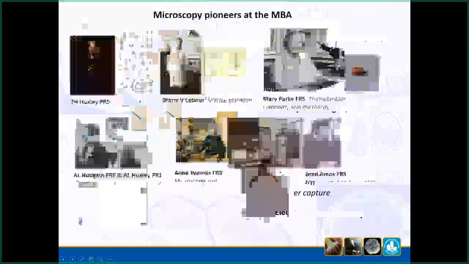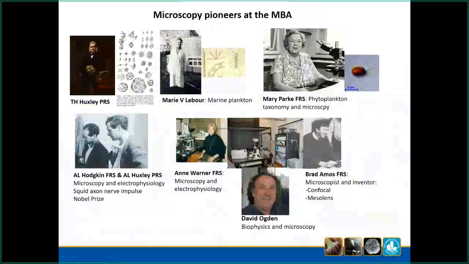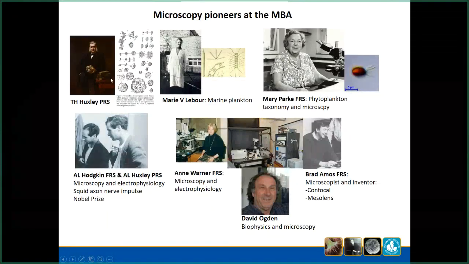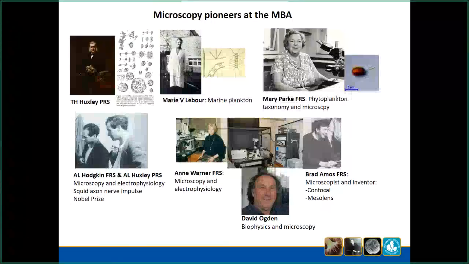Okay, continuing with history, I just want to indicate one or two of the real microscopy pioneers at the MBA. We can start with the very foundation of the MBA with Thomas Henry Huxley, a great microscopist and evolutionary biologist himself. One of the things he's famous for is his study of coccolithophores in chalk, and it's good to see that the MBA is certainly carrying on that tradition in research.